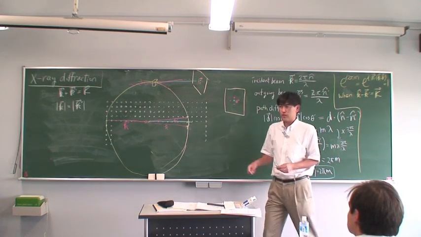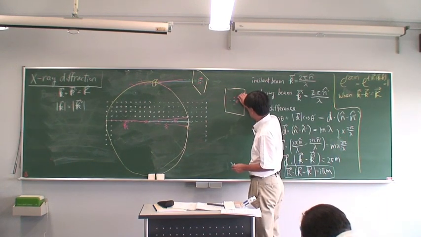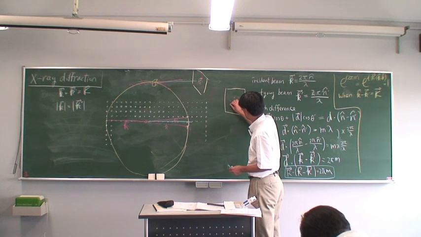Yeah, it's a reciprocal lattice vector. So after all, you get this plus this is this, this plus this is this, and so on.